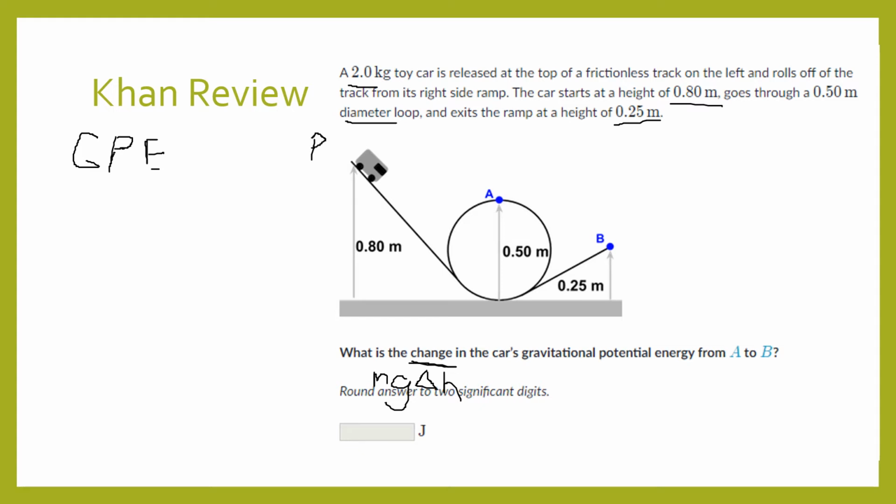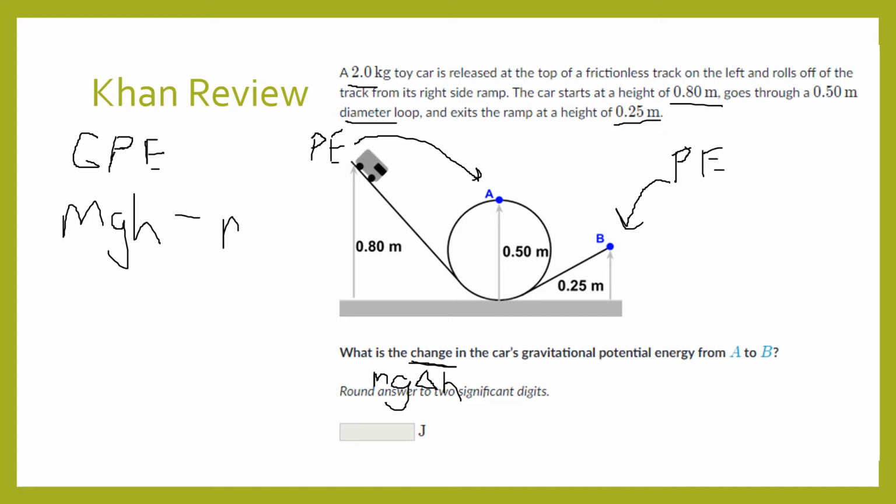Calculate the PE here at point A, and then calculate the PE here at point B and just subtract. So you're going to use the mgh equation twice, and you're just going to subtract, because that's how you find the change. That is all you had to do. You just calculate the two PEs, and since it said find the change, you find the difference.